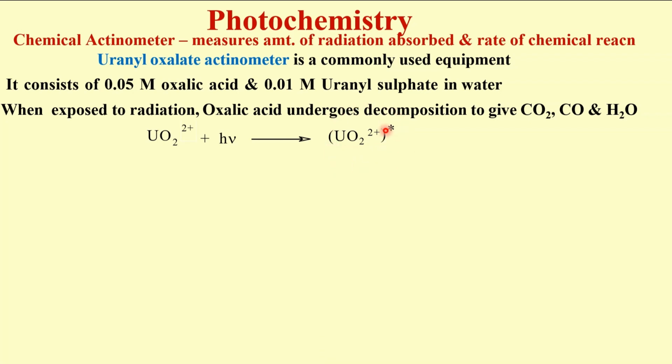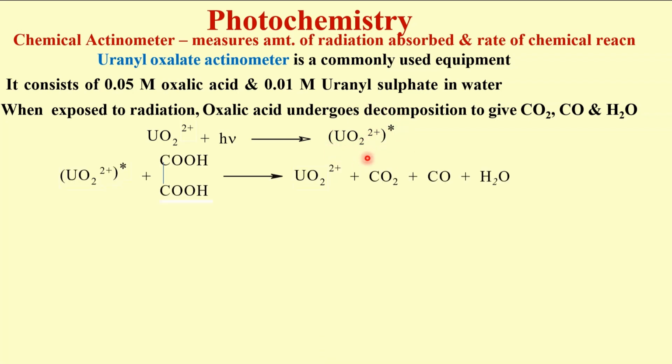This activated uranium ion reacts with oxalic acid, and the energy is transferred to oxalic acid, which dissociates into carbon dioxide, carbon monoxide and water, and the uranium ion gets reduced and comes down to the ground state.